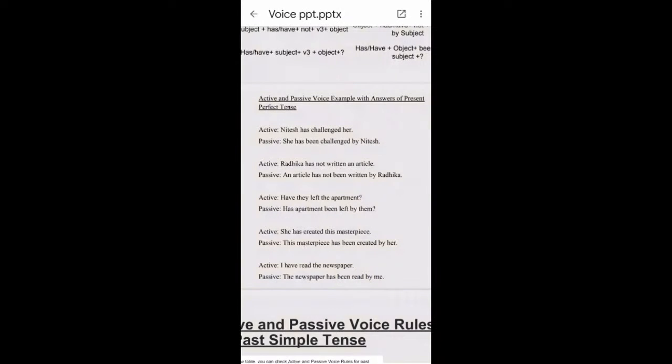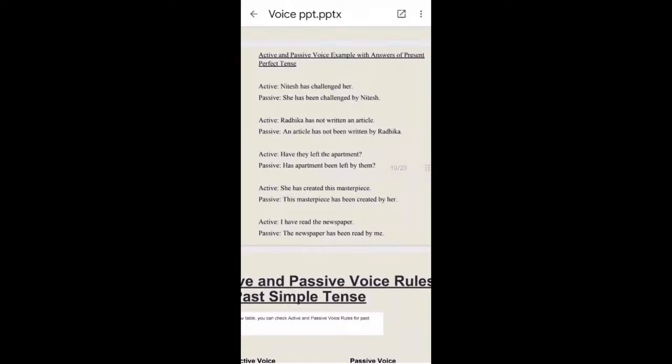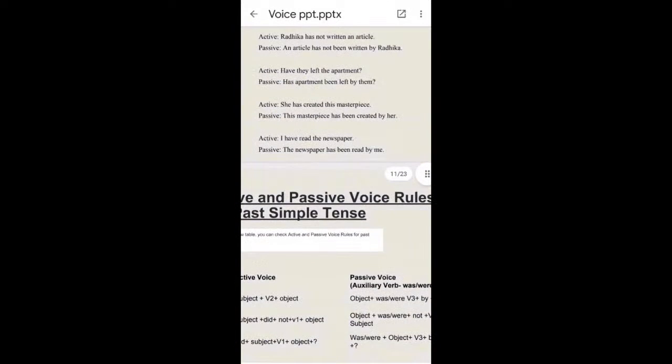This is a sentence from present perfect tense, right? How will you change it? She has been challenged by Nitesh. Has or have will be there since it is perfect, and there will be a been there, B-E-E-N. Okay? The same way you will be doing it for question marks and other sentences.